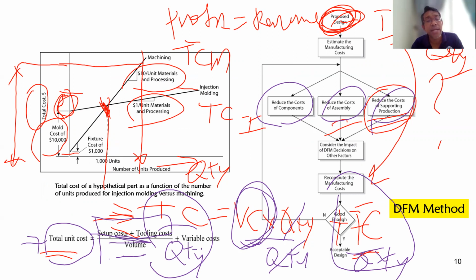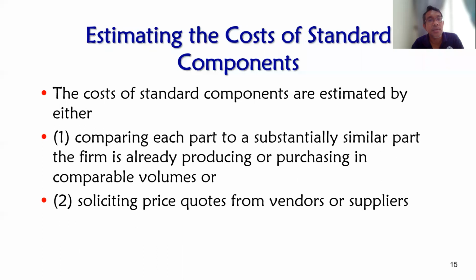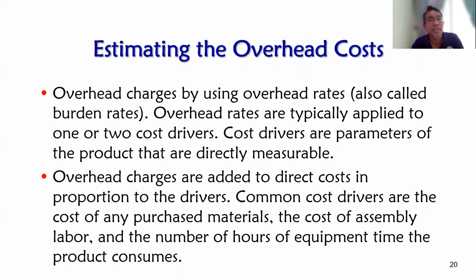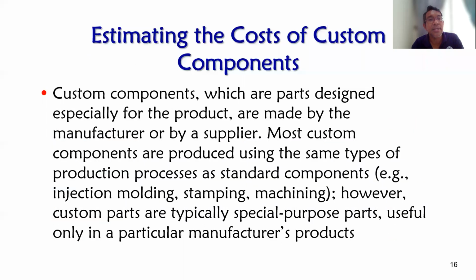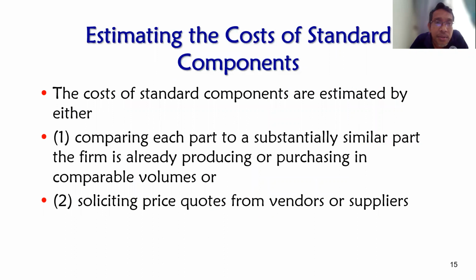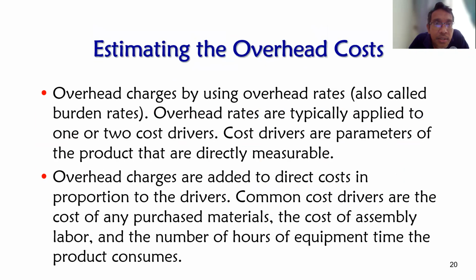So you can make an analysis of the volume here, the best volume, to decide whether you want to buy outside or purchase, or to do it on your own.